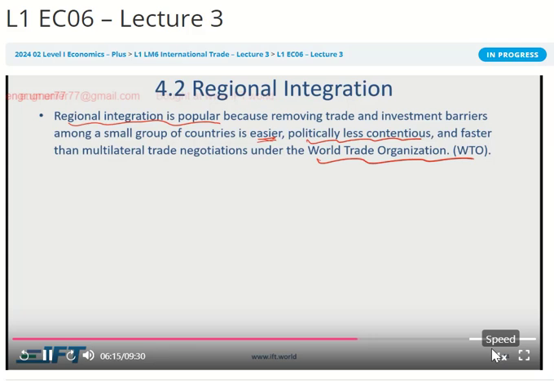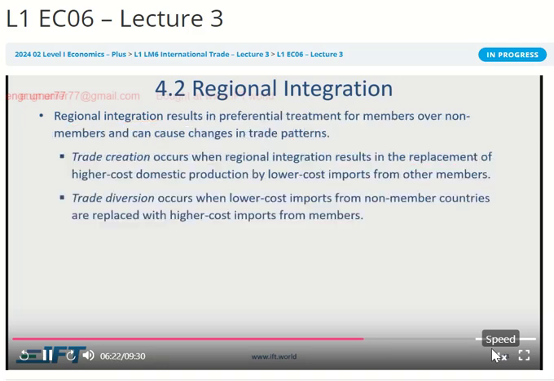And that is also a very good initiative, but it's harder to do compared to regional integration. And even at the regional level, there are difficulties.